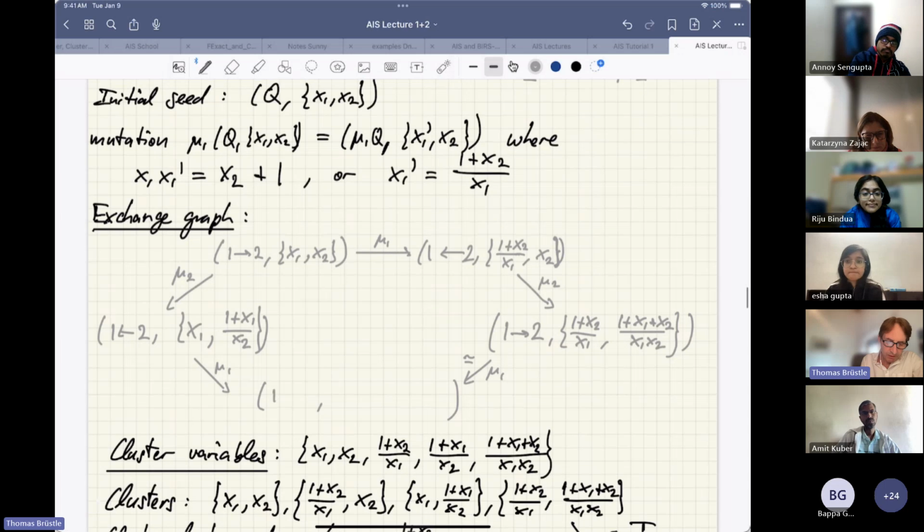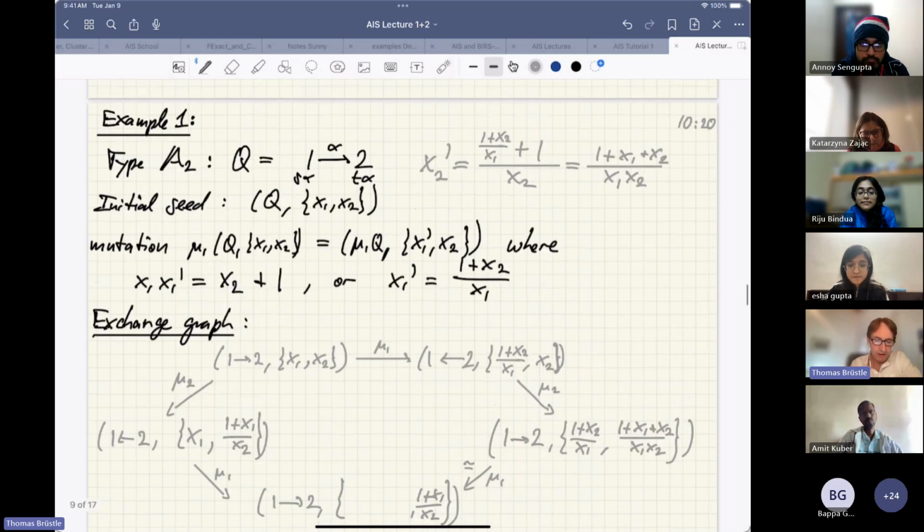I flip the orientation of the arrow, 1, 2. Then I do a mutation in 1, meaning I keep the second variable. So in the second place, I keep 1 plus x1 over x2. And I exchange the first variable. Good. For the first variable, I do my exchange.